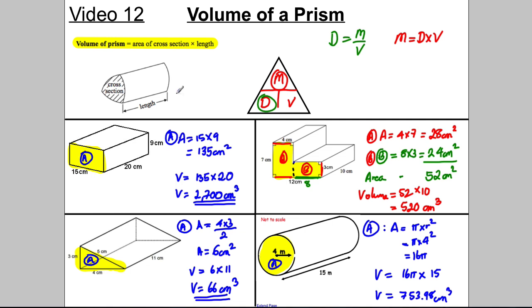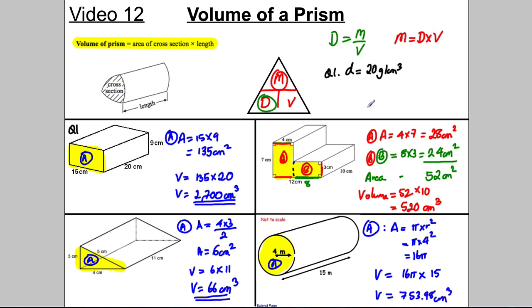Now let's say in question 1, they told us the density of this shape was, I don't know, 20 grams per centimetre cubed or something like that. If they told us that, then we could work out the mass.